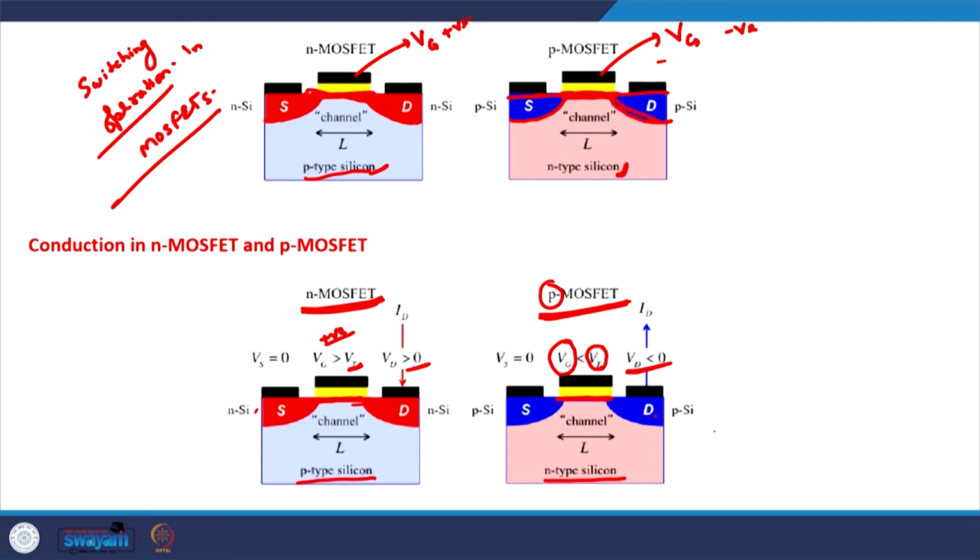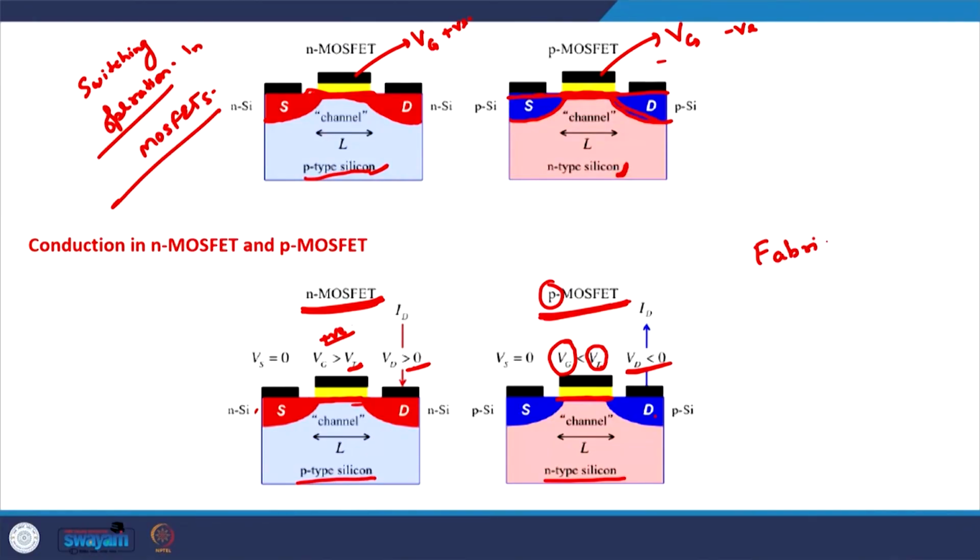Okay, so these are some basic details about the MOSFET, the 3-terminal device that is important in our modern day applications. I would recommend you go back and study the fabrication techniques of the MOSFETs.